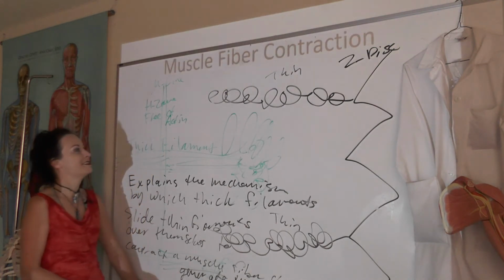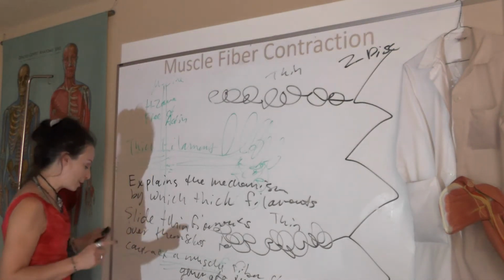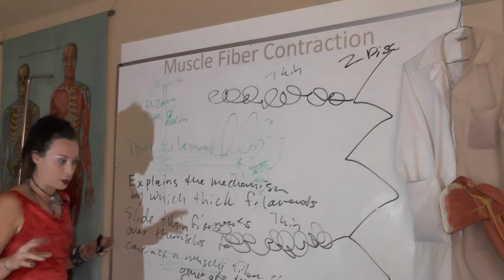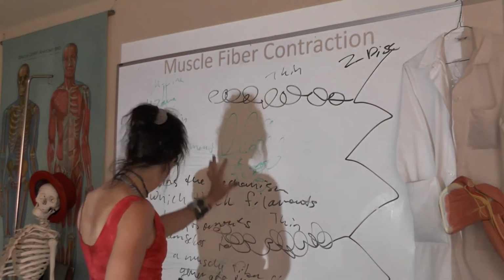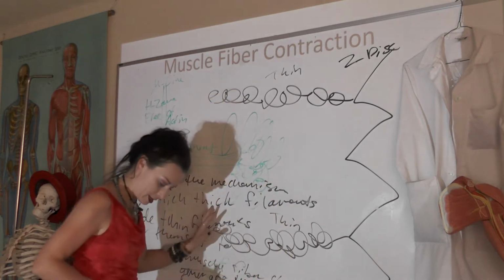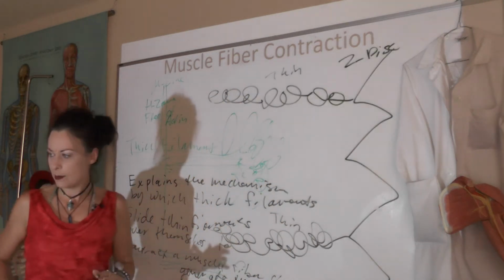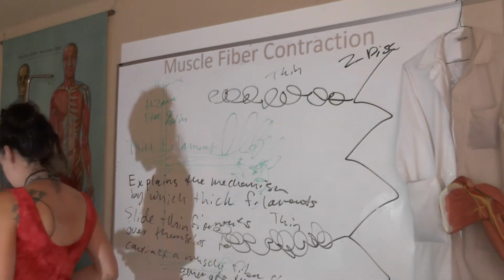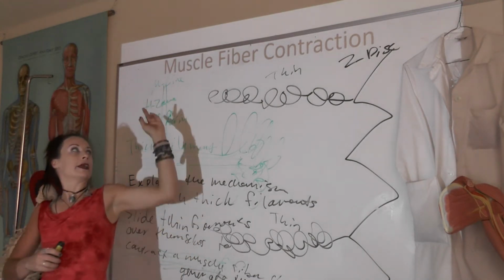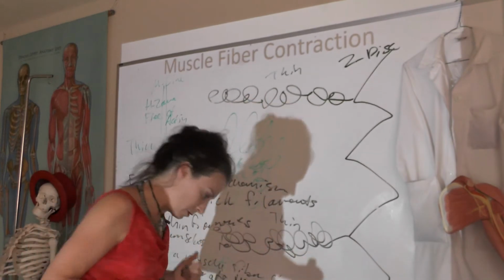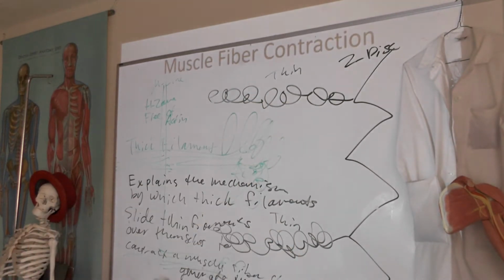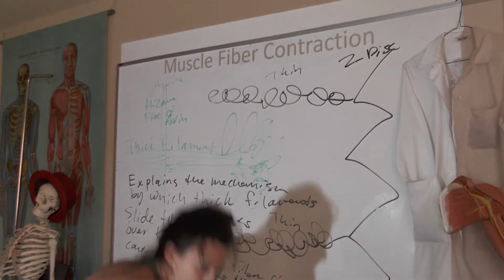All right, so muscle fiber contraction. If I recall, the figure that would be here right now is a table that sums up how we can get a muscle fiber to contract by breaking it down into 3 anatomical structures.